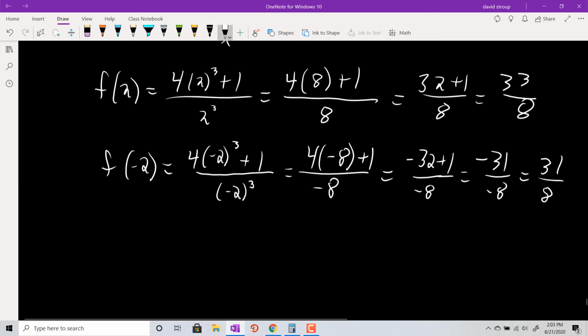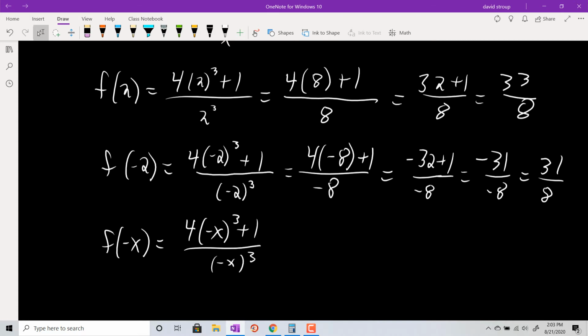One more. So for putting in negative x, wherever I see x, negative x cubed is still negative, so I'll have negative 4x cubed plus 1 all over negative x cubed. With negatives, you can pull those out in front.